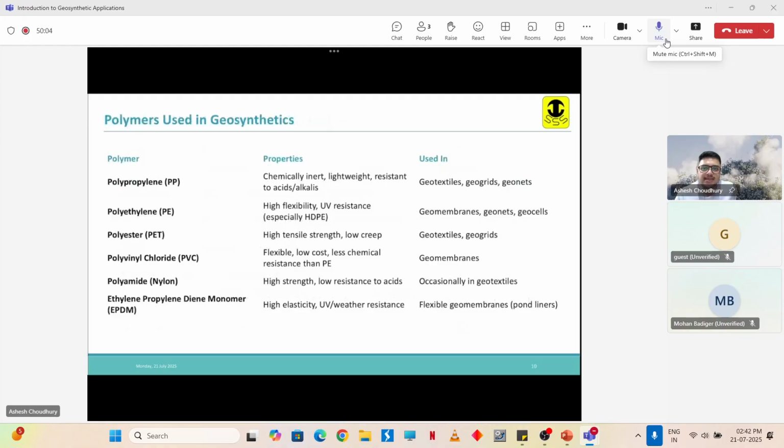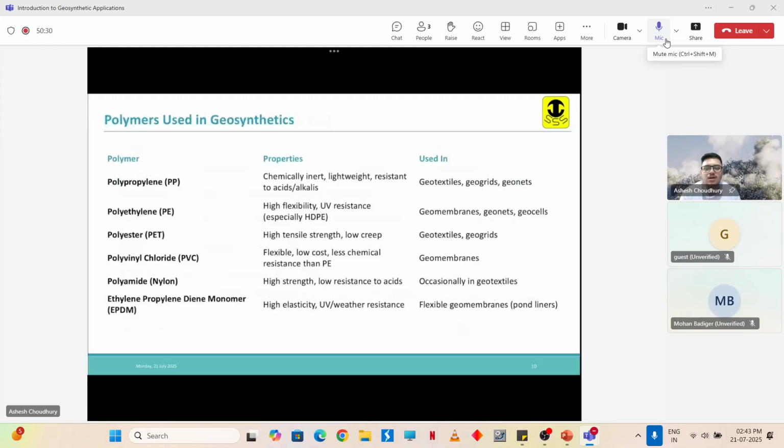Polyethylene has high flexibility and UV resistance. You must have heard about high density polyethylene, HDPE. HDPE is also used to make pipes nowadays. It has very high flexibility and a good amount of strength. Polyethylene is generally used to make geomembranes, geonets, and geocells.